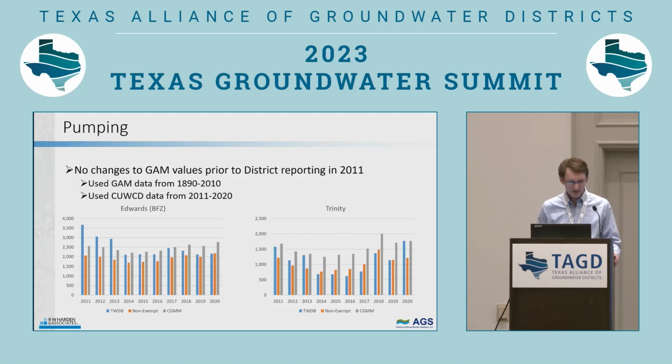On these charts, the blue bars are the Texas Water Development Board's water use survey data, the orange bars are the non-exempt use from Clearwater, and the gray bars are what was included in the model. This is both for the Edwards and the Trinity, and they follow a pretty similar pattern: from 2011 to 2015, you see a decrease during the drought, and then beyond that to 2020, we see a slow increase with development.